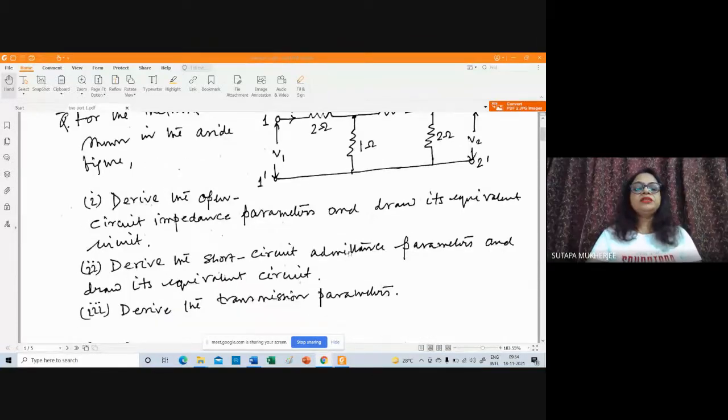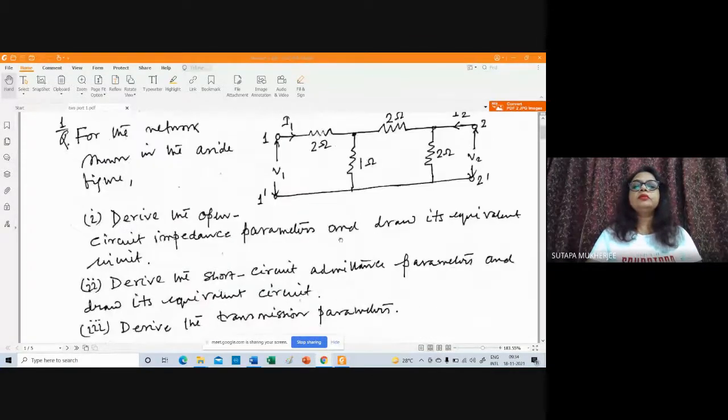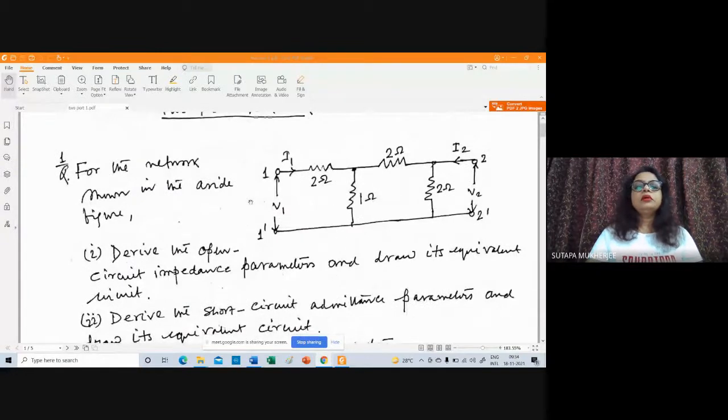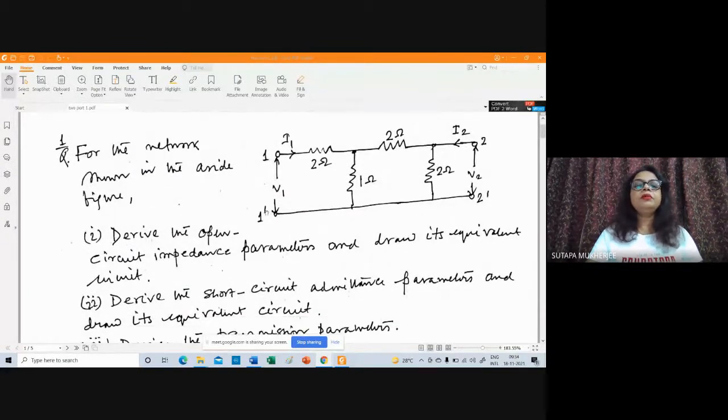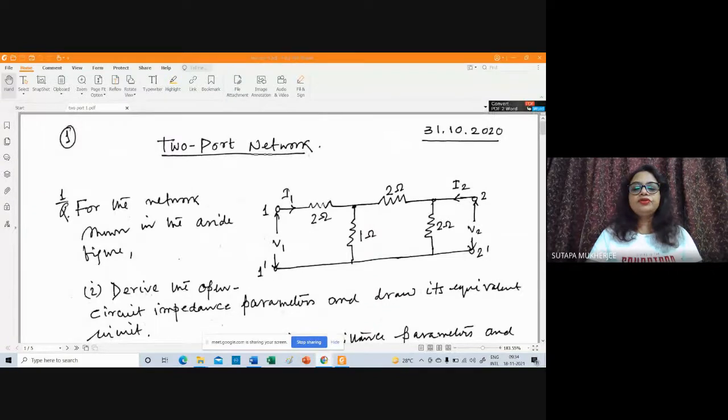So this is basically a two-port network. Now this is basically a problem, so it will be better to show what type of two-port network it is.